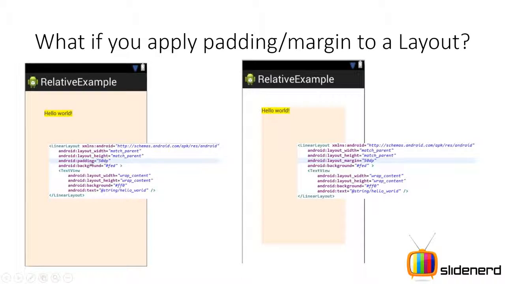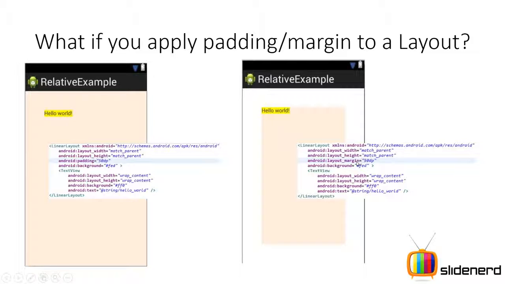Now remember, when you say padding of 50 dp, whatever content this linear layout has is going to be pushed 50 dp inside from all four sides. In this image, the content, our text view, is pushed by 50 dp from all four sides.